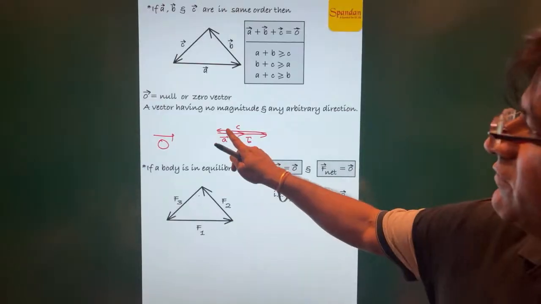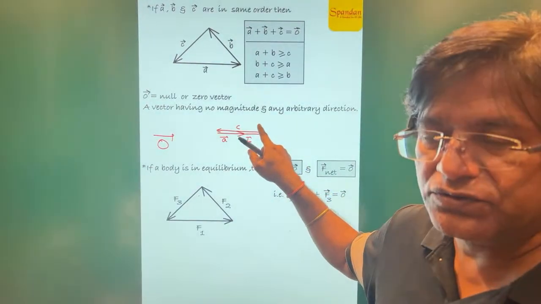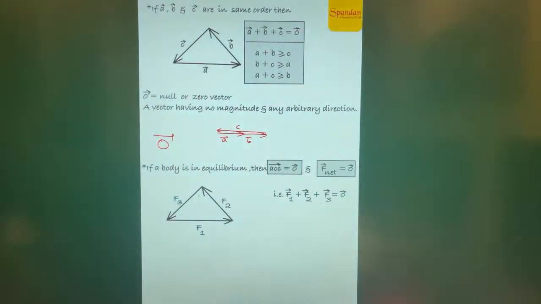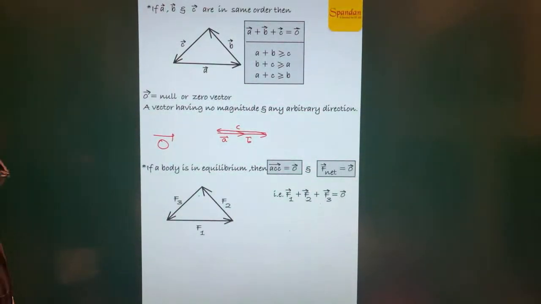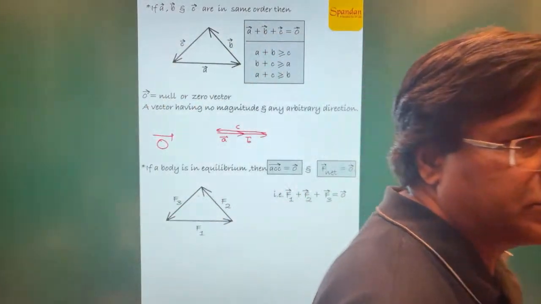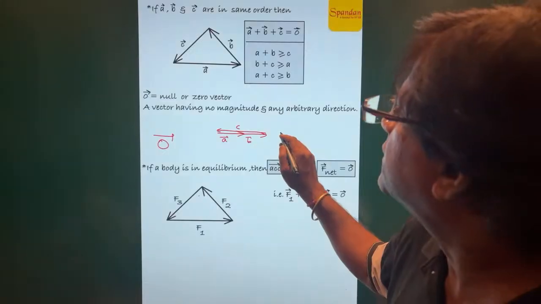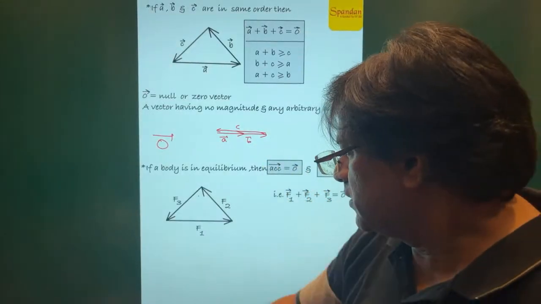That means a vector having no magnitude, इसका कोई मैग्नीट्यूड नहीं होता, और एनी आर्बिट्री डायरेक्शन, जिनके साथ ऐड कर रहे हो उसी का डायरेक्शन मान लो, ये नहीं मान लो, कोई का डायरेक्शन भी नहीं होता, तो any arbitrary direction, no magnitude and any arbitrary direction, this is called zero vector or null vector. क्लियर है?